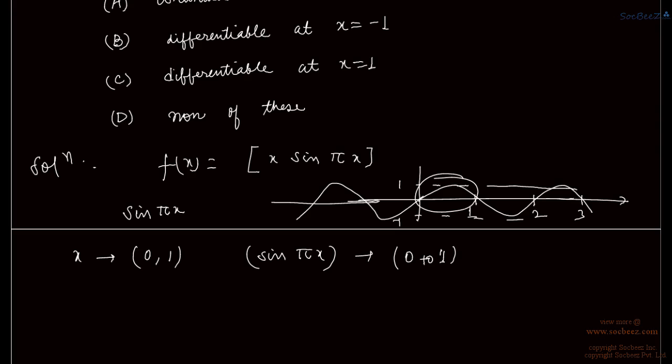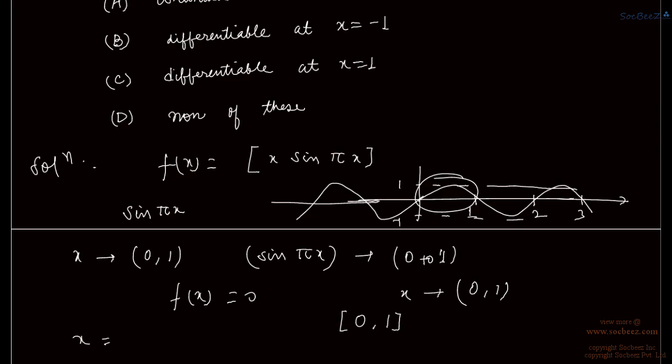From the graph it is clearly visible. So x sin pi x also lies between 0 to 1. So when x is between 0 to 1, then f(x) is equal to 0. At x is equal to 1, the value of sin pi is 0, and the value of x is 1. So we can actually close the interval, that is from 0 to 1. f(x) is 0.